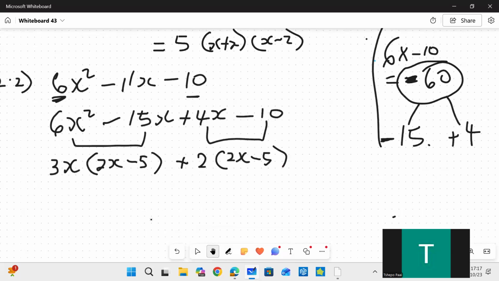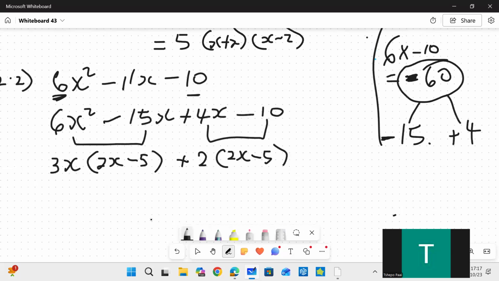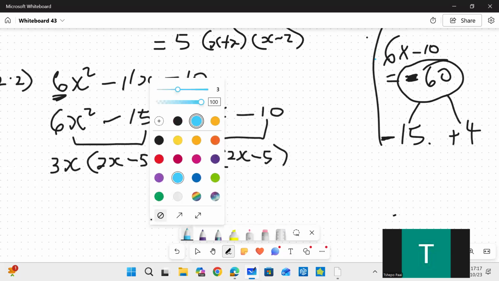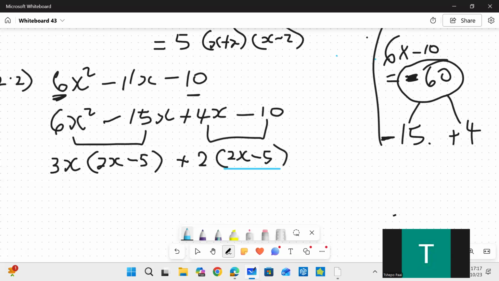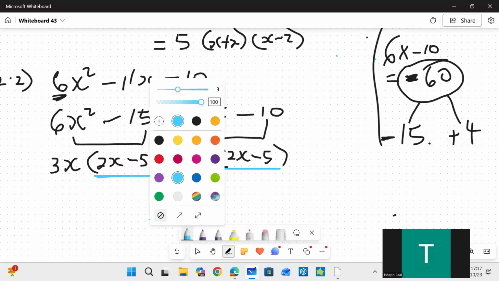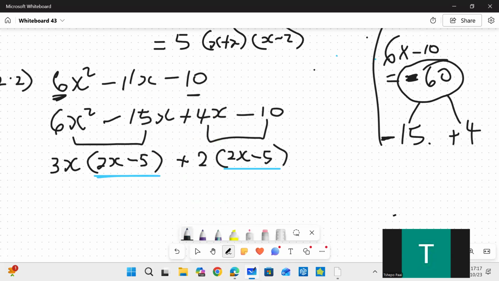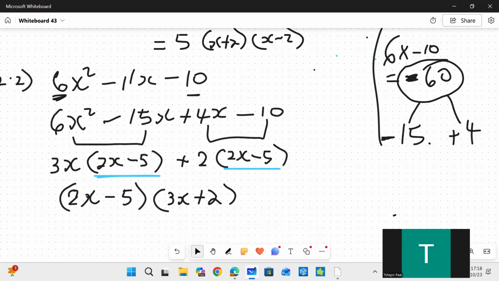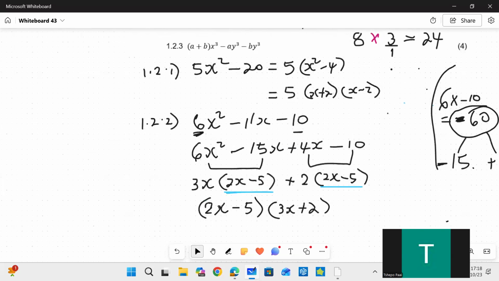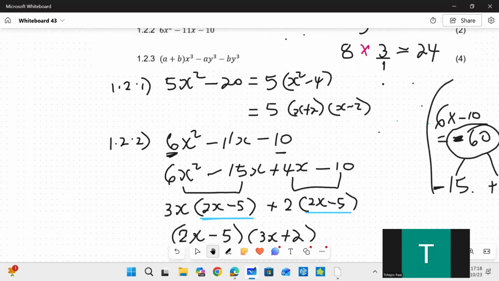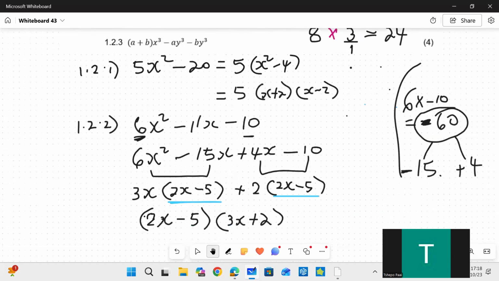Now we can clearly see that this 2x minus 5 is a common factor. We now take out that 2x minus 5 as a common factor. Then what will be left inside the bracket is 3x plus 2. So that's how you will answer question 1.2.2.